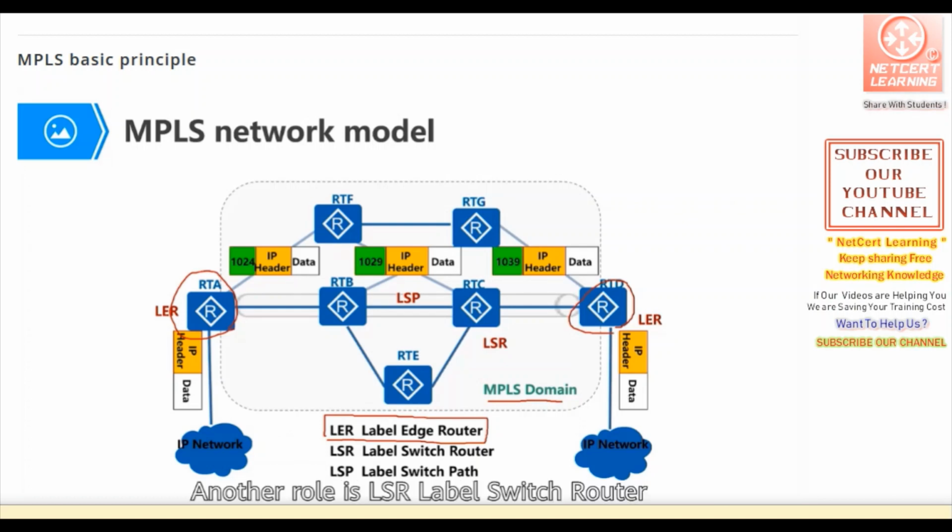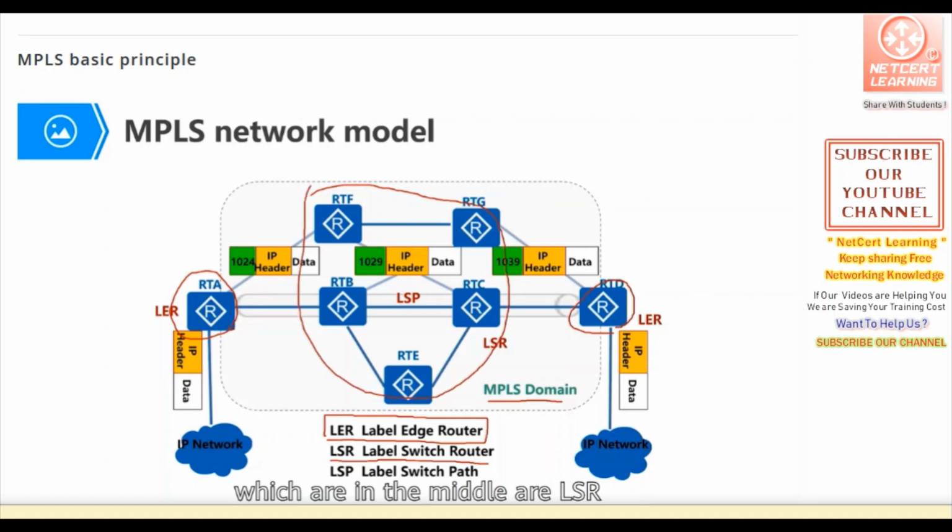The other role is LSR, label switch router. All the other routers in the middle, router F, router G, B, C, and E, will be LSRs.